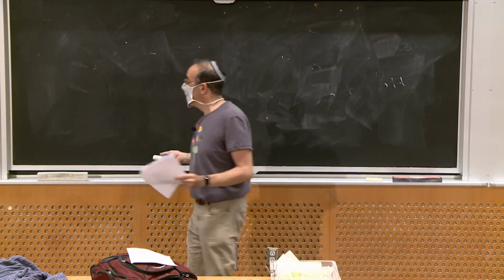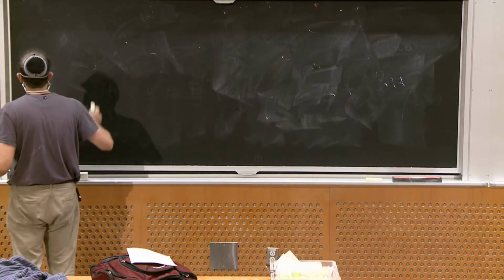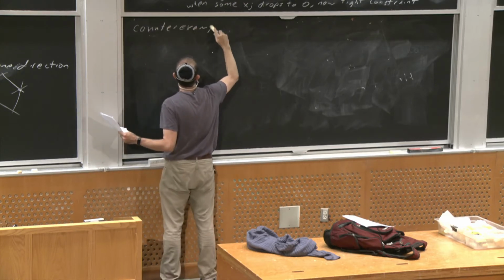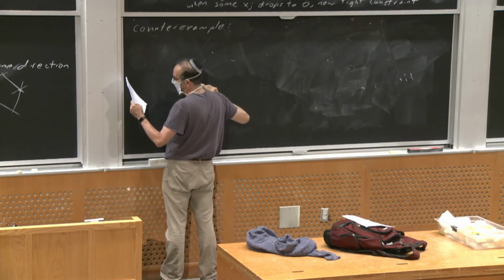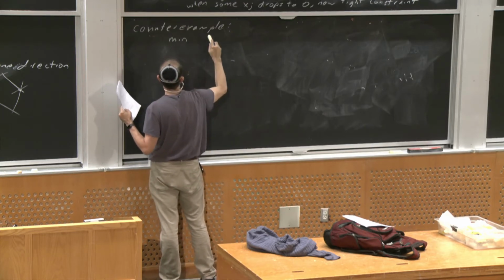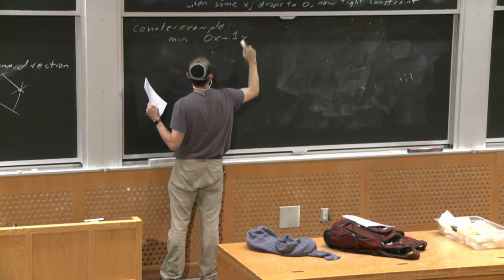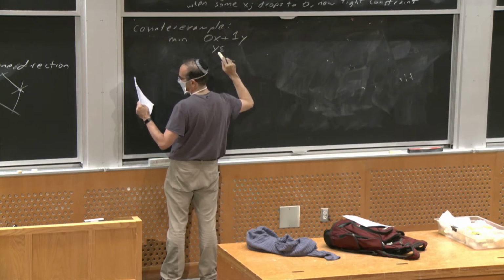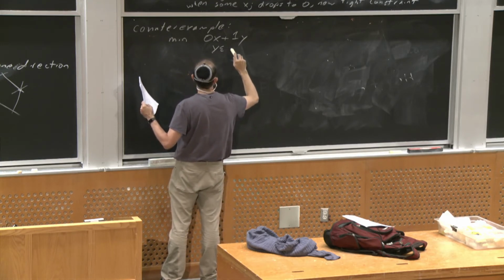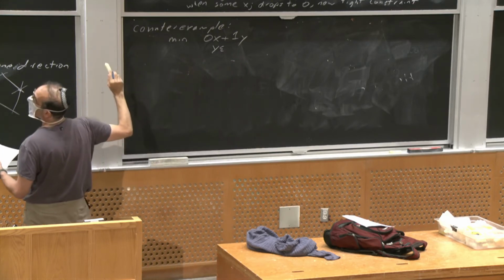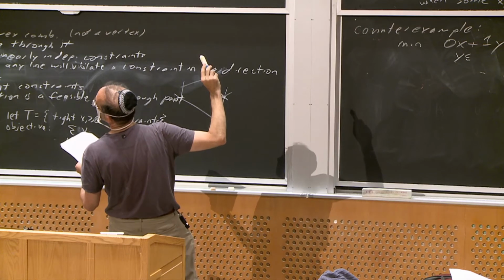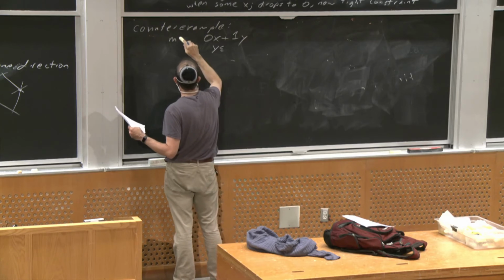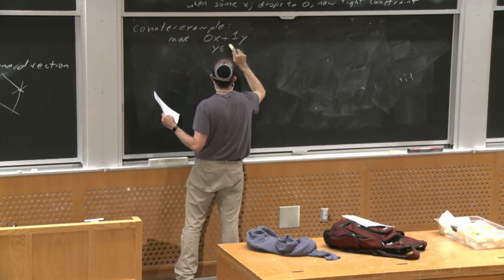So a really annoying example is the canonical form linear program. Canonical form is maximize 0x plus 1y, subject to y being less than or equal to 2.